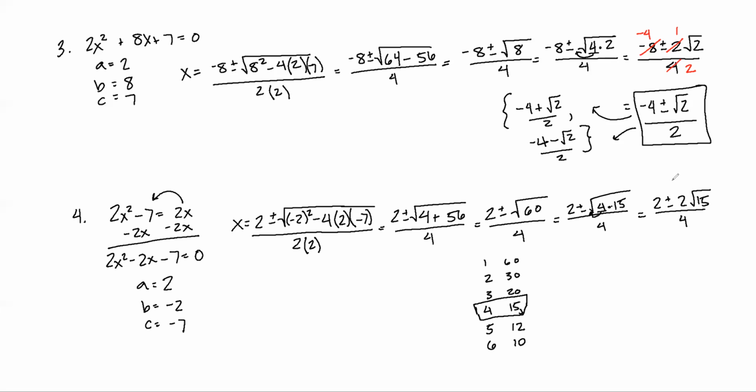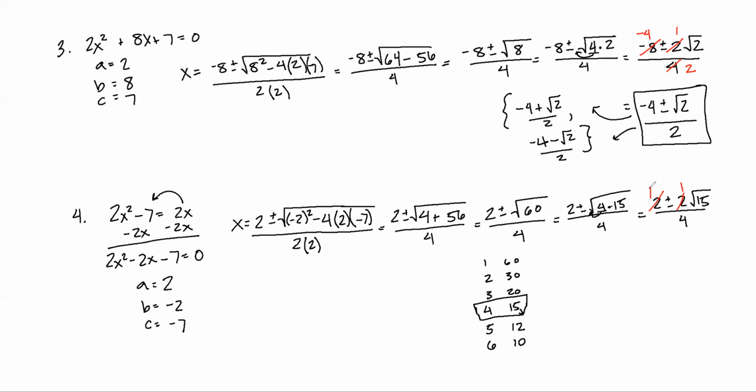Now, this one you do want to be really careful when you're reducing this down. Notice how I can divide this 2, 2, and 4 by 2. Now, one really common mistake here is just getting rid of this first term because 2 divided by 2 is 1, so it's gone, but it's not gone, it's a 1. Make sure when you're reducing, you actually put that 1 there. For the second one, it doesn't actually matter because 1 times any number is still that number, but adding or subtracting 1 is going to change a number.